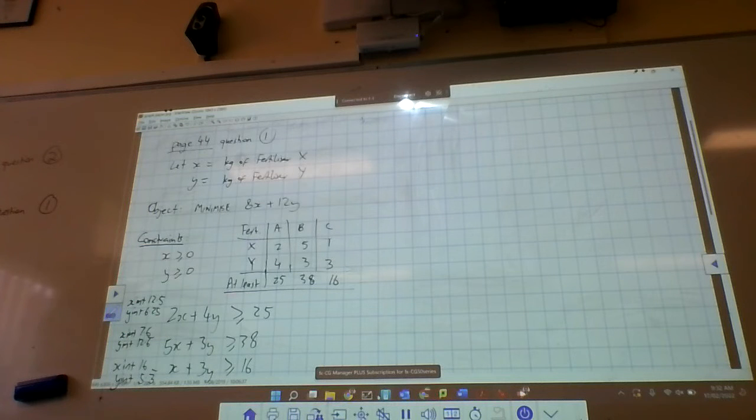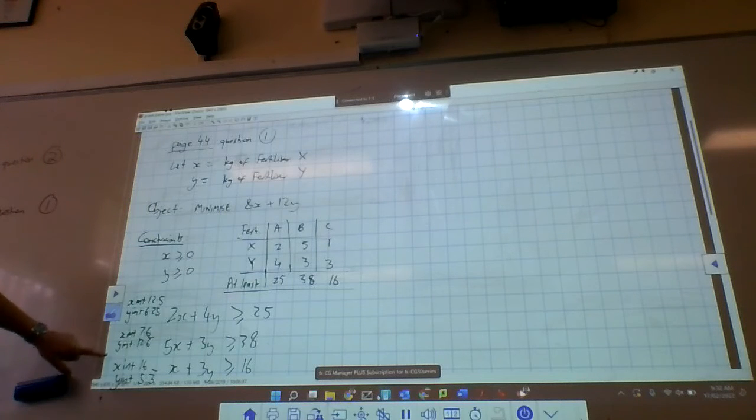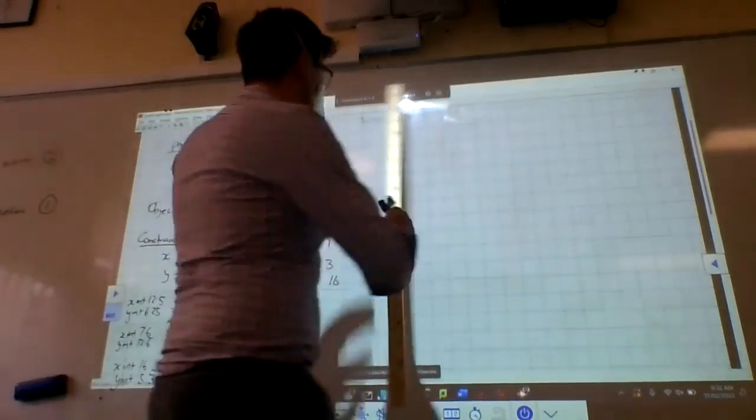Okay, now we have to graph it. We can do this. What's our graph going to go up to? I can see 16 is the maximum for x, and the maximum for y is about the same, so I'm going to go 16, 16.